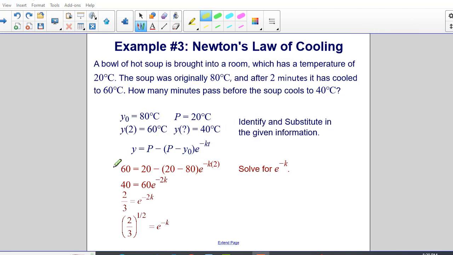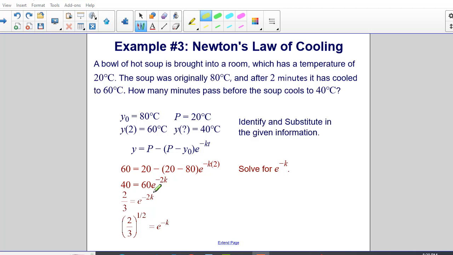So making the appropriate substitutions where Y is 60, capital P is 20, Y sub 0 is 80, and t is equal to 2, we solve for e to the negative k power. And getting to our algebraic steps, we get to this step right here. 2/3 is equal to e to the negative 2k power.